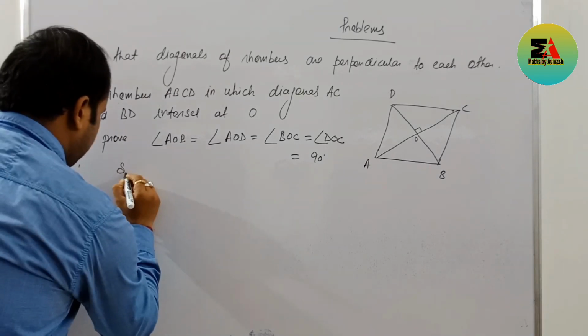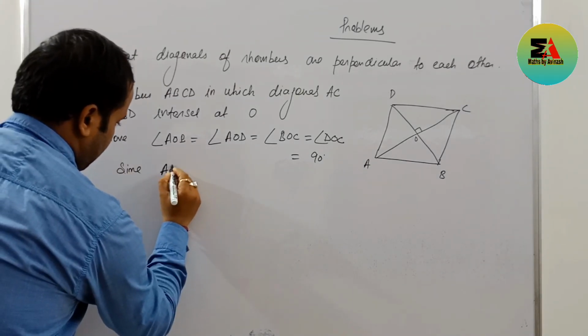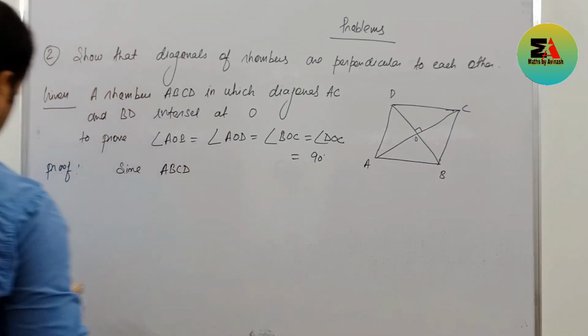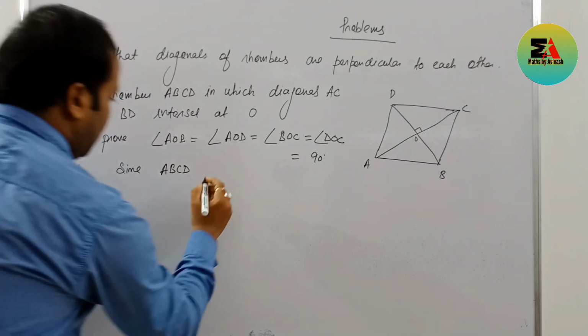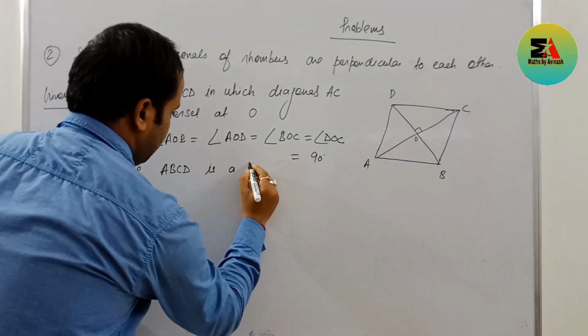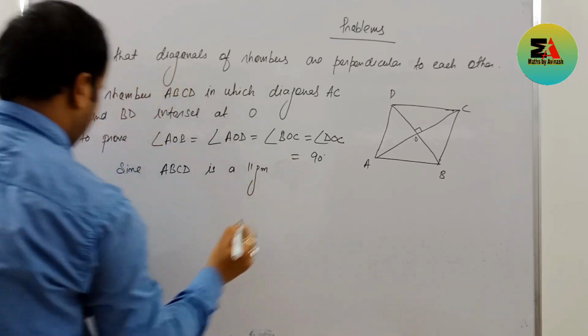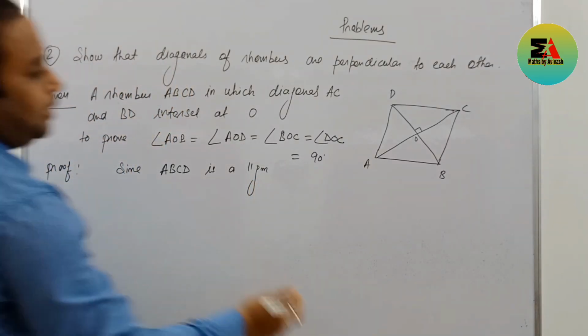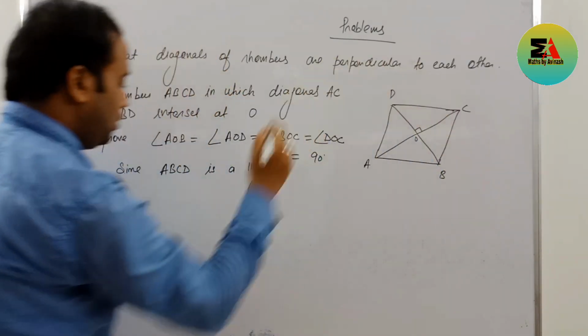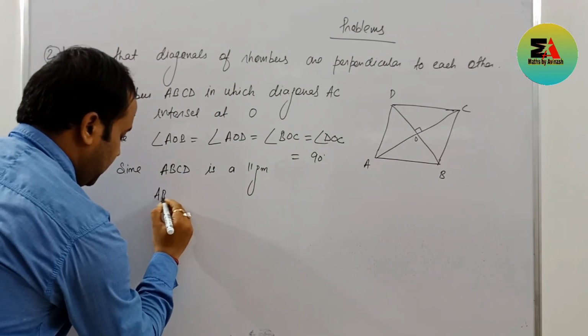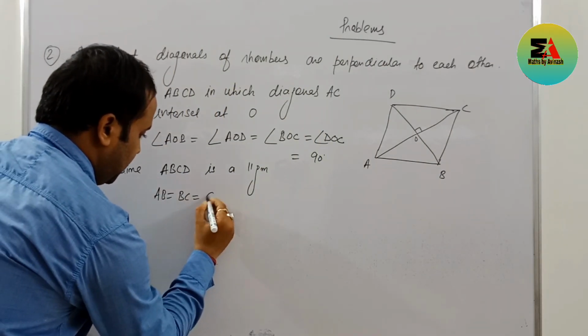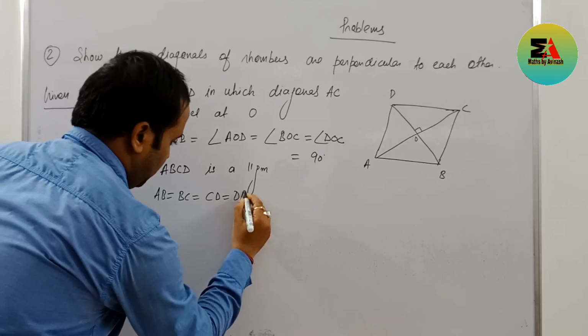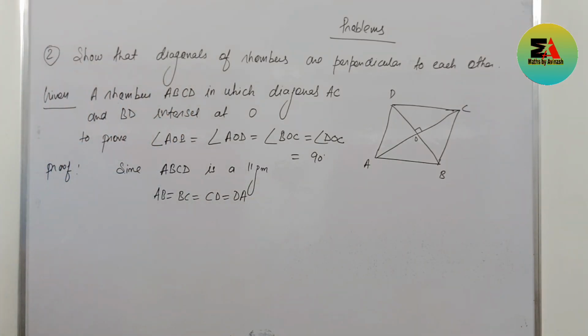Since ABCD is a parallelogram, we know that in a rhombus all sides are equal to each other. So you write AB equals BC equals CD equals DA. Are you clear?